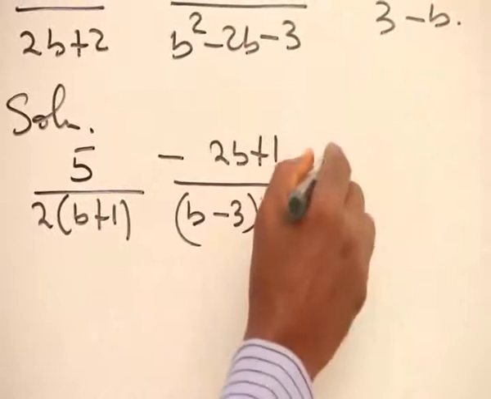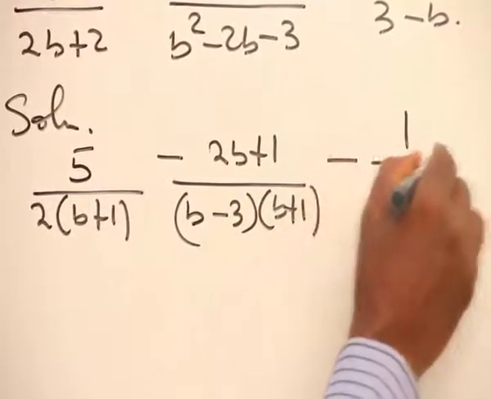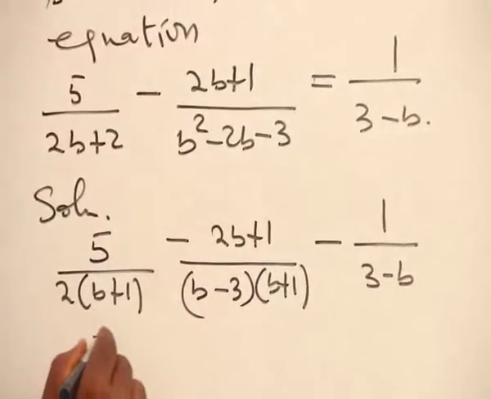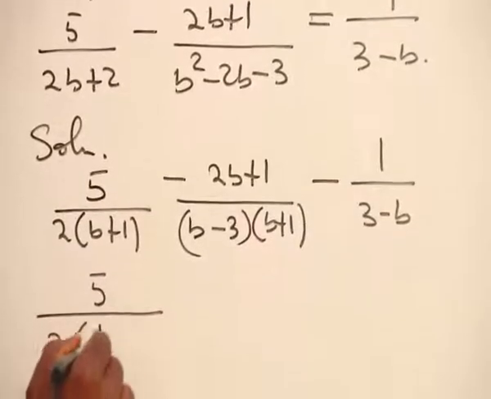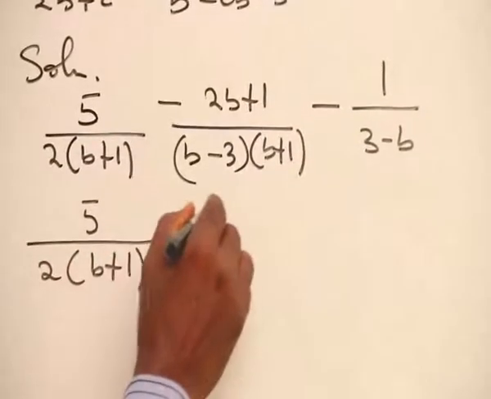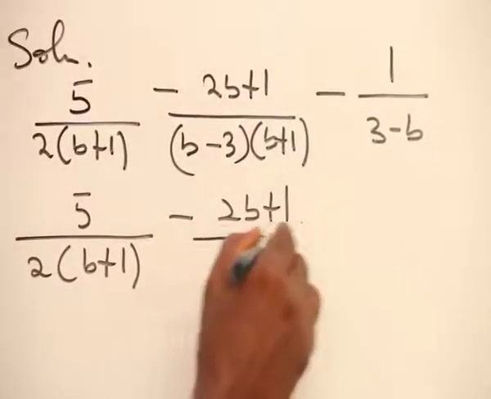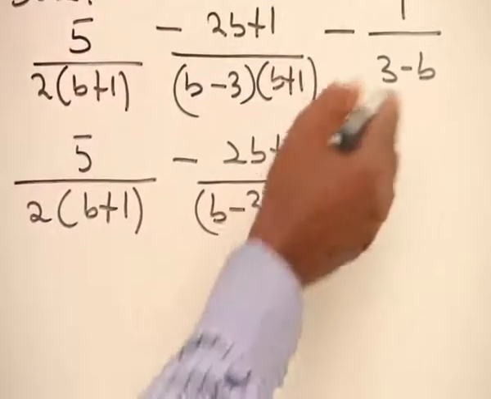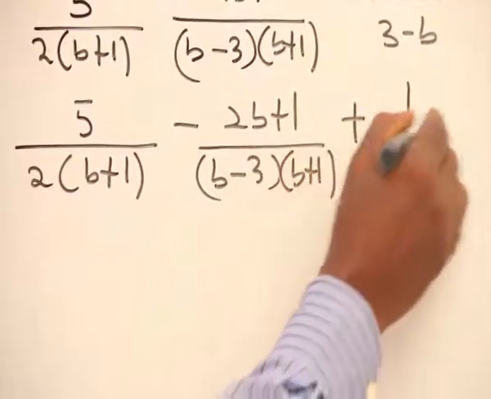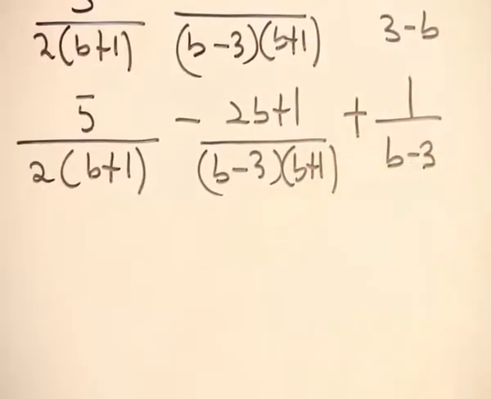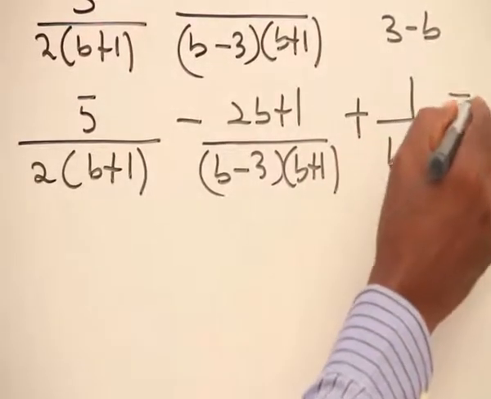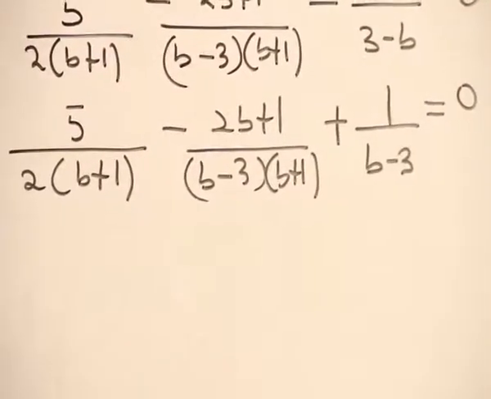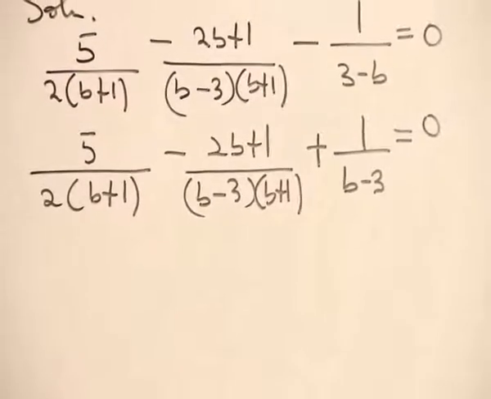Then this one coming over will become minus 1 over 3 minus b, which eventually was 5 all over 2 into b plus 1 minus 2b plus 1 all over b minus 3 into b plus 1, and this one later on changed to 1 all over b minus 3, and now this is equal to 0, because we are moving from the right hand side to the left hand side. The right hand side is now left with 0.